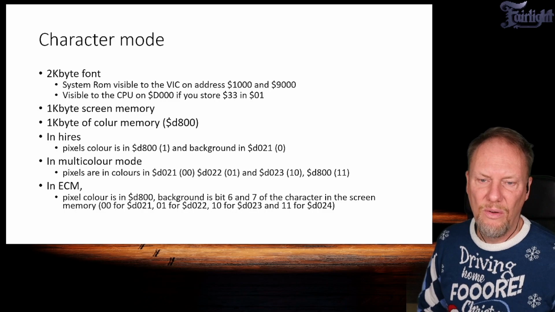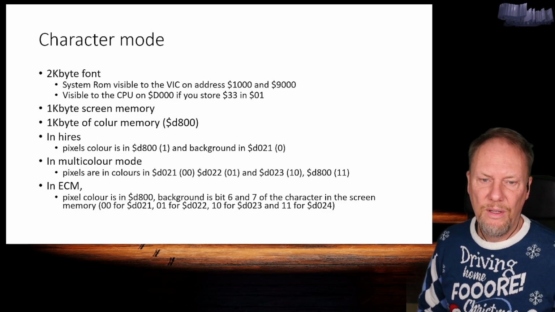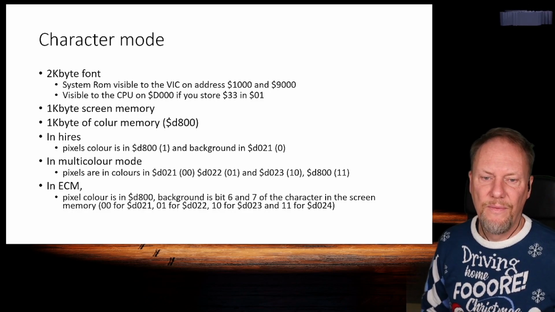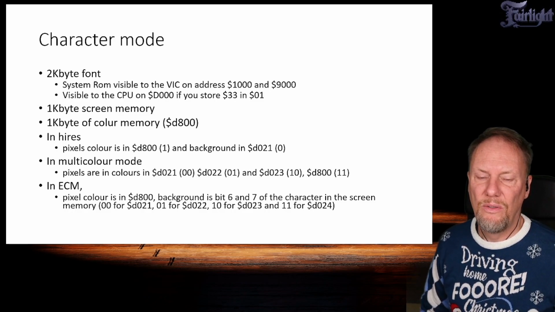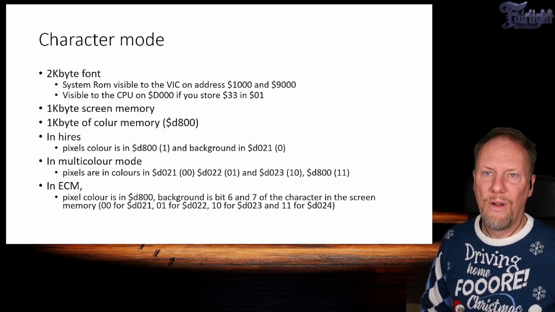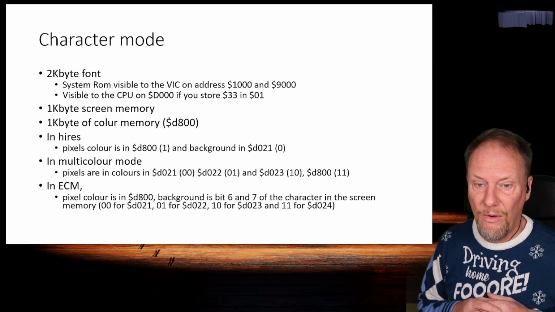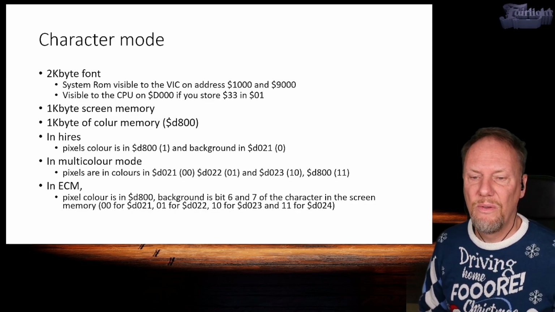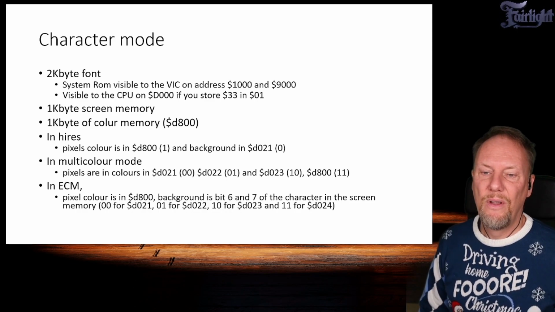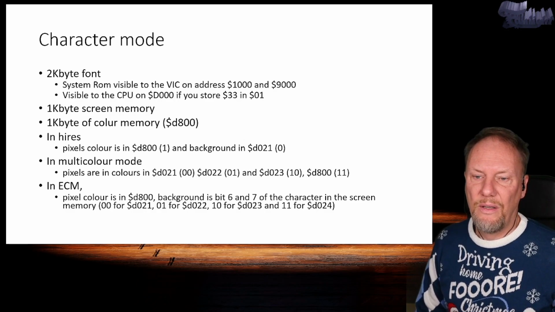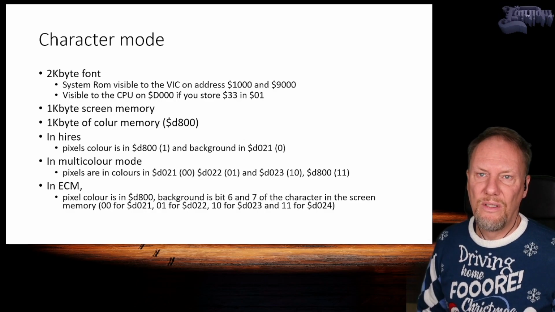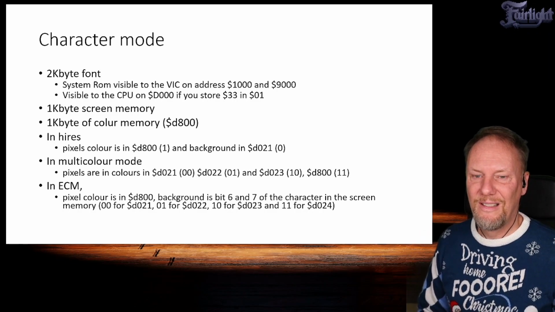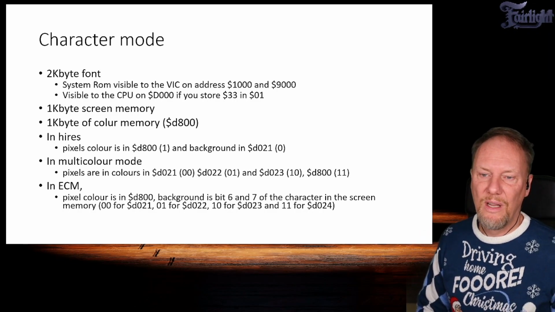So you have D021, which is common for all of the screen. Then you have D022, which is also common for all of the screen, and then D023, also common for all of the screen. And then you have D800, which is individual for that 8 times 8 pixel cell, or 4 times 8 as it becomes now.